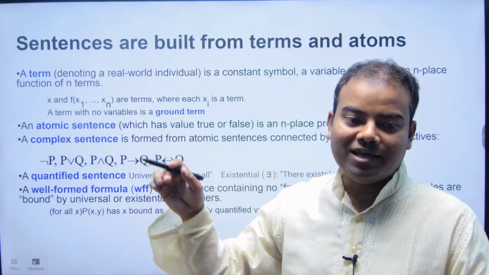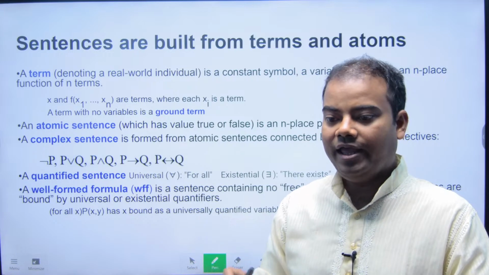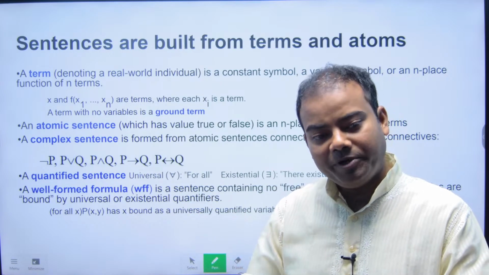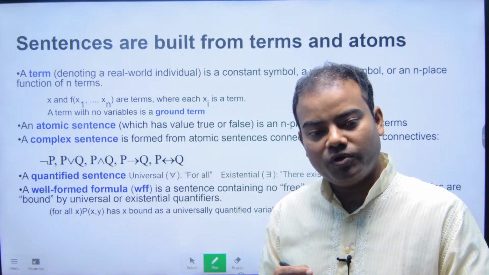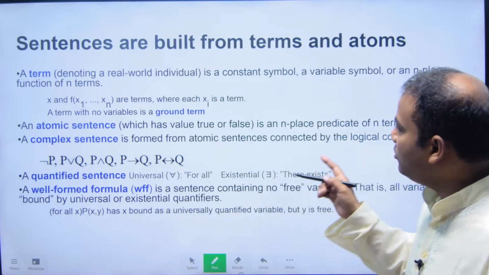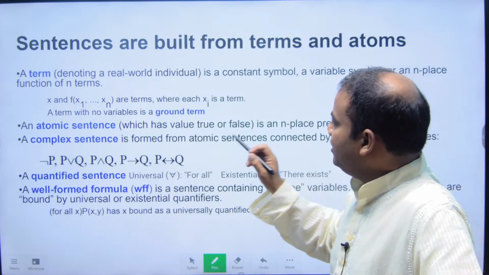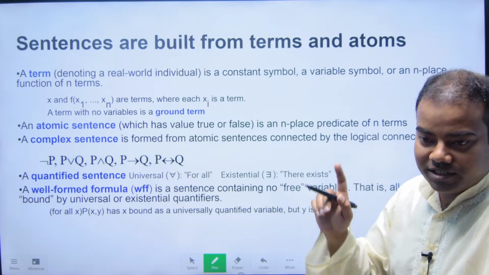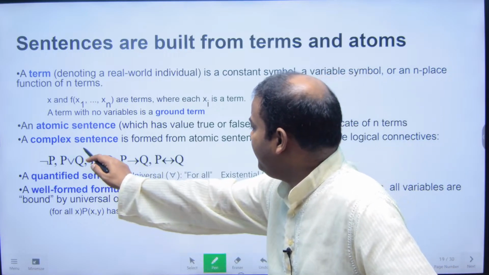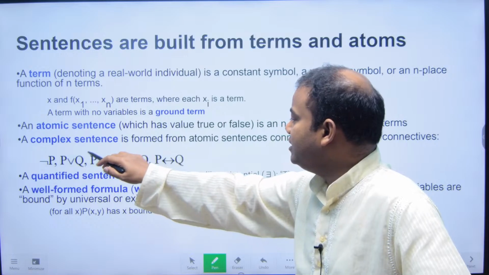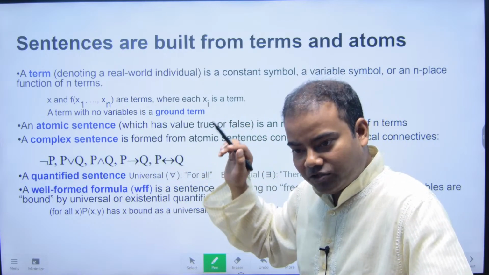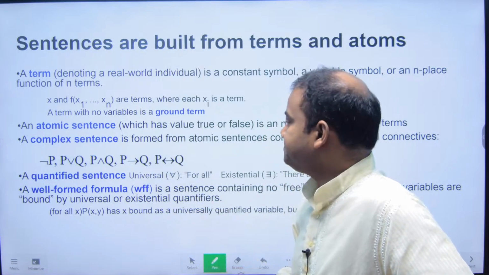Any P, Q, R is a proposition, and, or, not, condition, bi-condition, and repetition of all those things are also a well-formed formula for proposition logic. Similarly, here also in predicate logic, every atomic sentence, true, false, every proposition is in predicate logic. Any complex sentence using these connectives, that is also predicate logic.